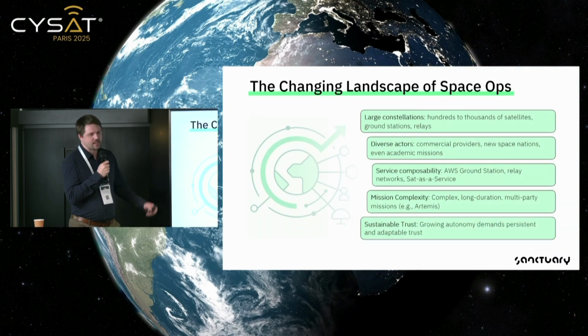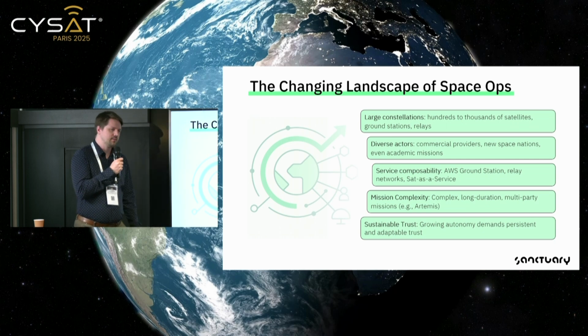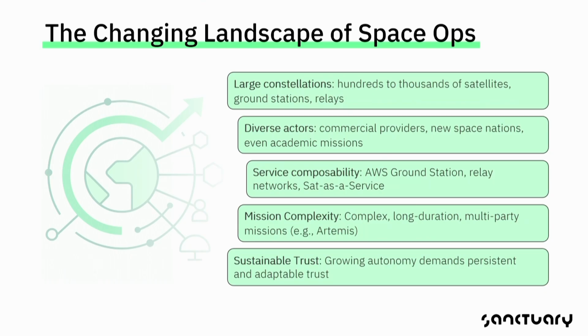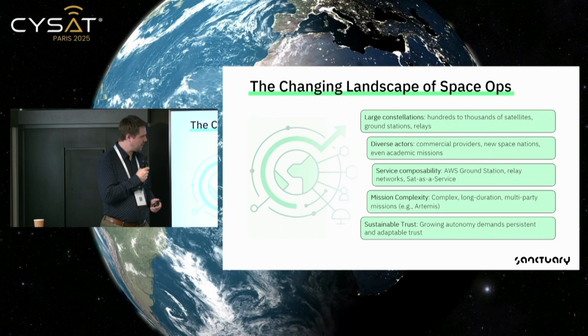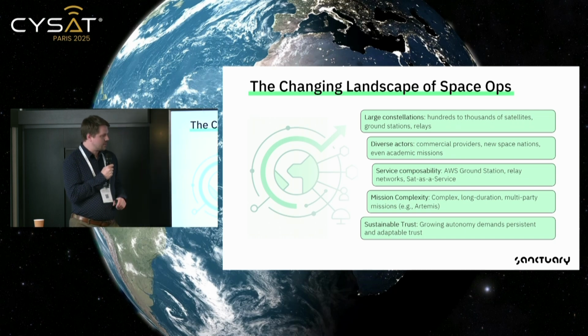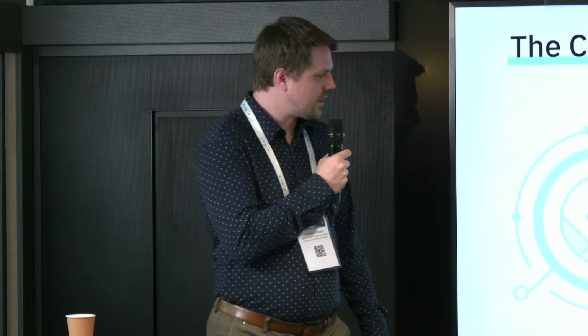But let's start with some motivation. Why do we even need PKI in space networks? I think the previous talk could also serve as a motivation. You saw that when you have many nodes, shared keys don't scale. And this is also the situation that we see. We have large constellations already in use, and more are planned. And within those constellations or multi-constellations, we have more and more different actors involved.